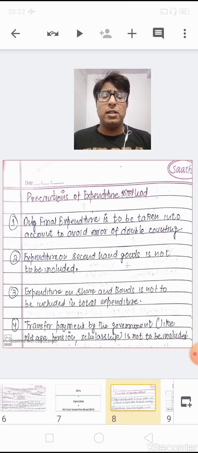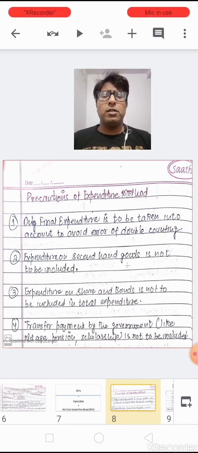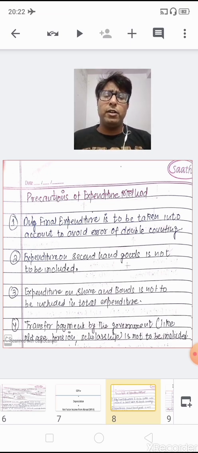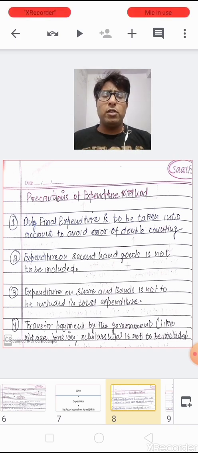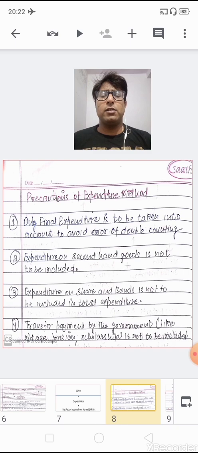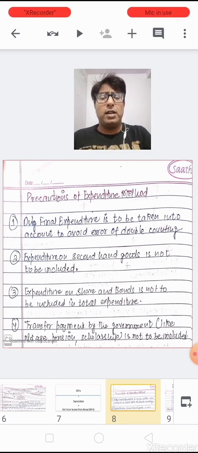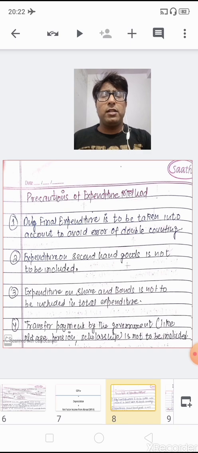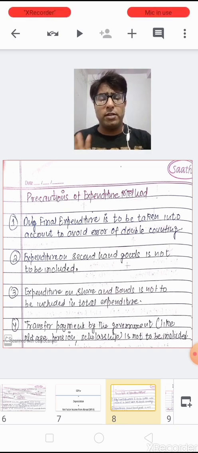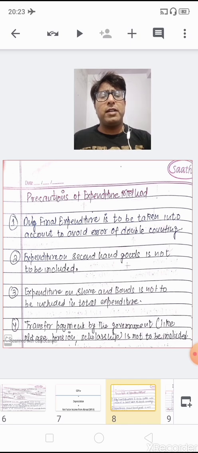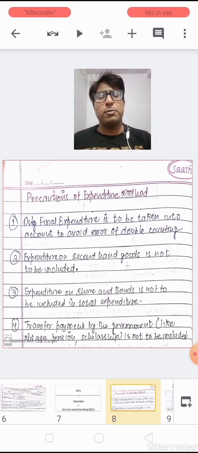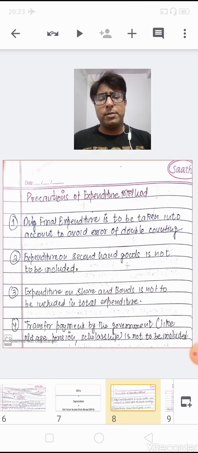If there is any expenditure on intermediate cost, then we are not going to add the intermediate cost to the final value, because that intermediate cost is already included in the final value of various goods and services. So children, when you take the expenditure on any sector, you have to take the final value of all goods and services, whether it is private final consumption expenditure, export and import, government final consumption expenditure, or even gross domestic capital formation.